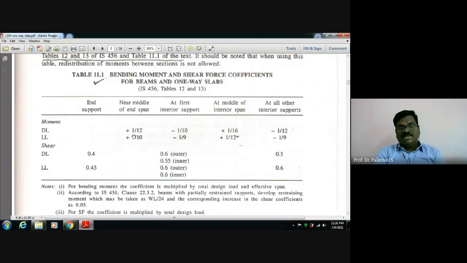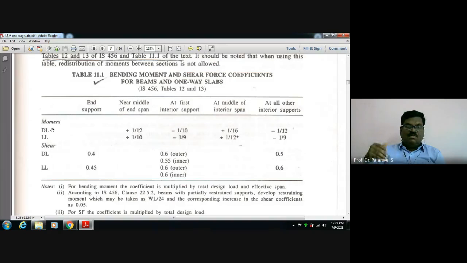You have to take the bending moment as 1 by 12, plus 1 by 12, the sagging bending moment, plus 1 by 10 for live load, the bending moment due to live load. Actually, in this book, different coefficients are given to compute bending moment due to dead load and due to live load, provided the dead load and live load differ much, the ratio of dead load to live load being more than 1.3.